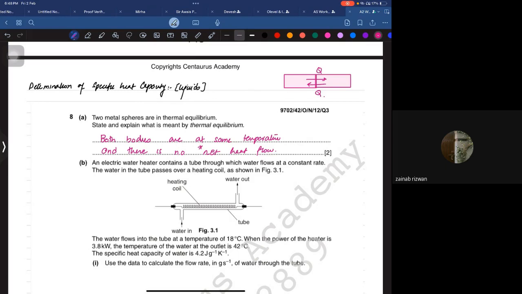Anyhow, in this particular question, it says an electric water heater contains a tube through which the water flows at constant rate. One second.